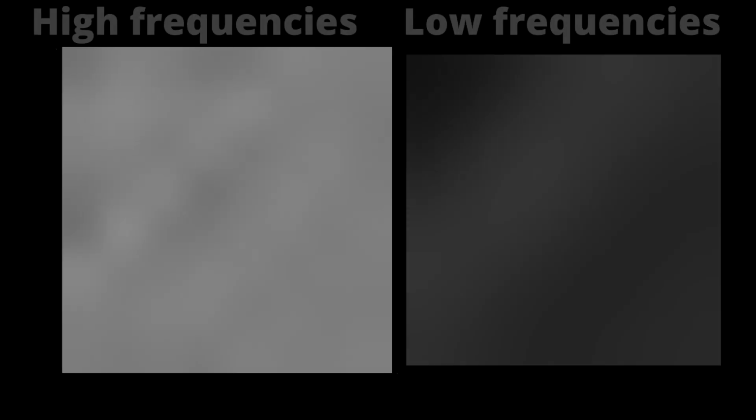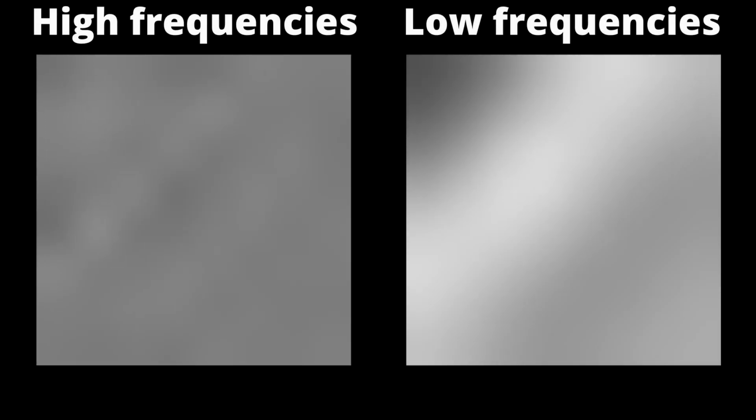The top left coefficient is the average brightness, low frequency, and the bottom right coefficients represent very rapid changes, high frequency, like checkerboards. But most of the energy is in the low frequency coefficients, top left, and the high frequency coefficients, bottom right, are very small.